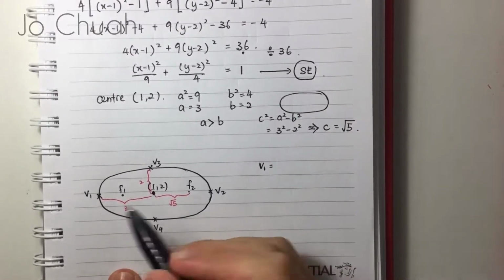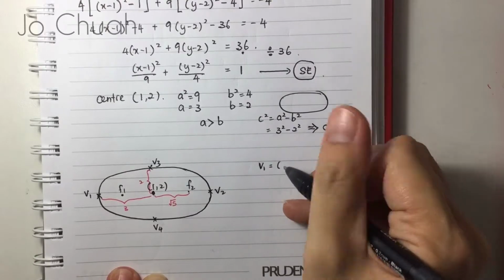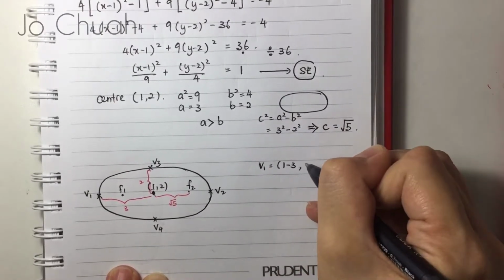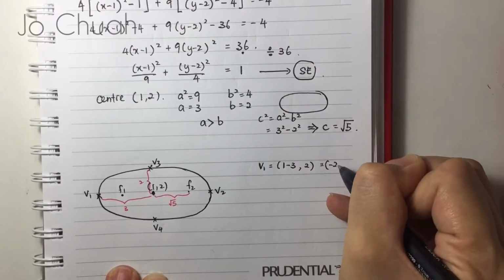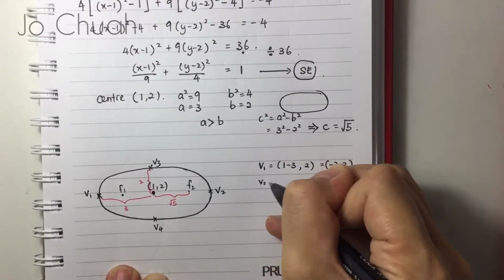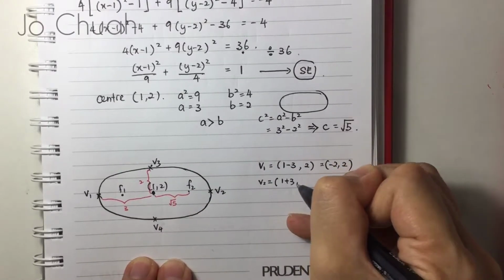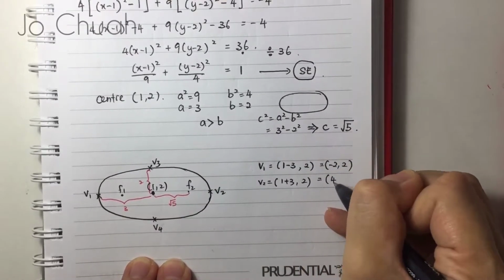Okay, so quickly work out v1, v2, v3, v4. V1 is on the left, so the x coordinate will change by 3 to the left, and 2, so you're going to have (negative 2, 2). V2 on the other hand is going to the positive side, so 1 plus 3, which is 4, so (4, 2).